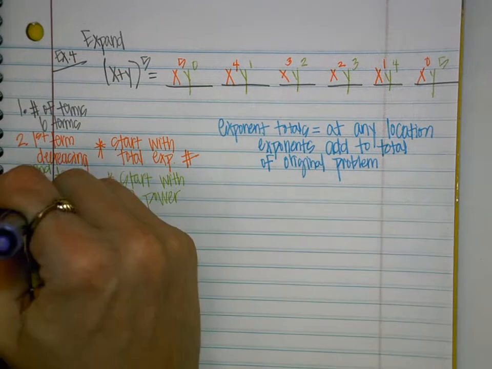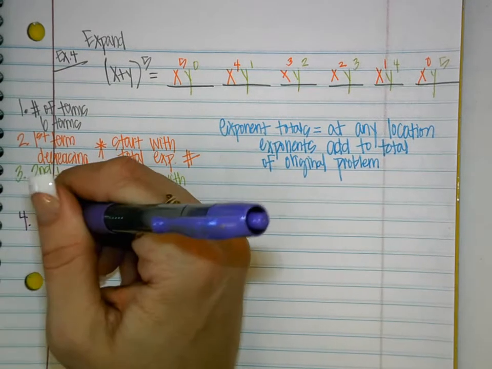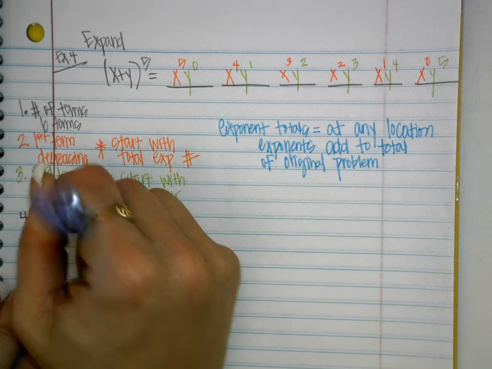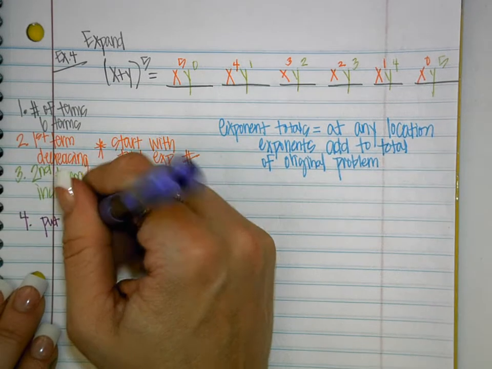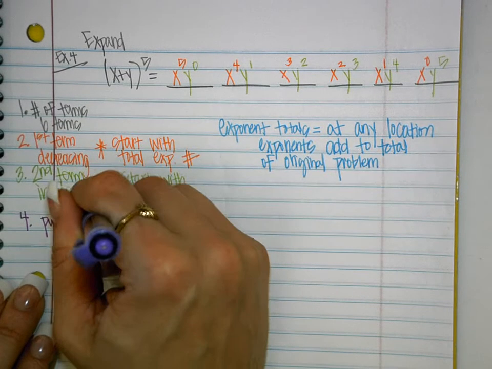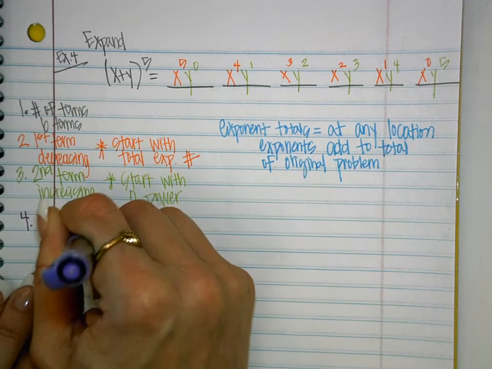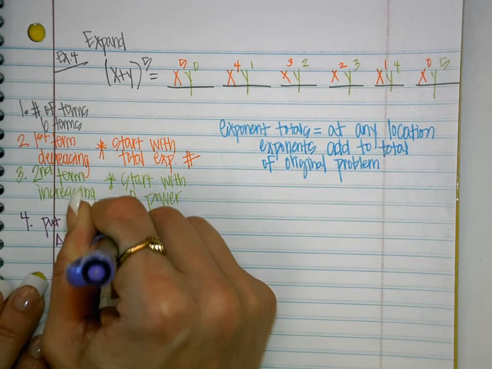The next step, step 4, is to put in something called Pascal's triangle coefficients. What are coefficients?